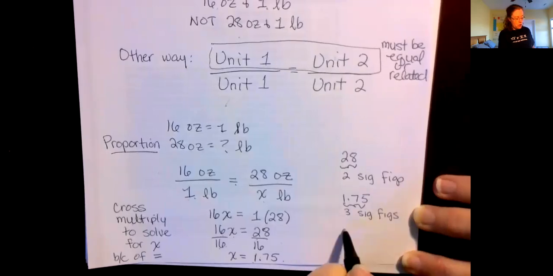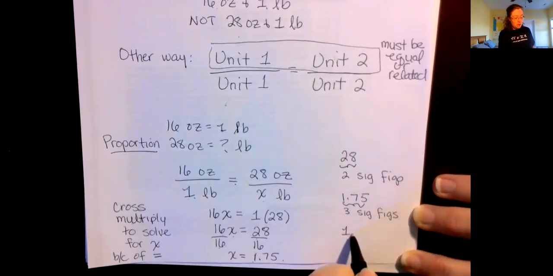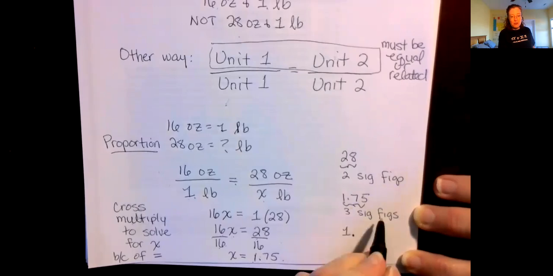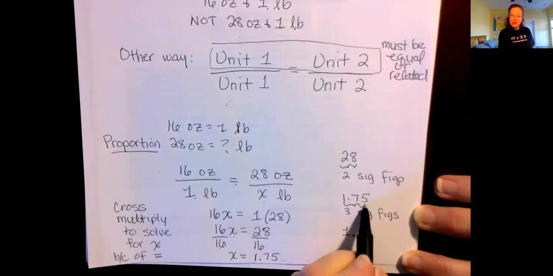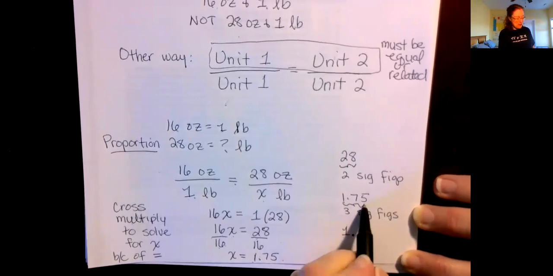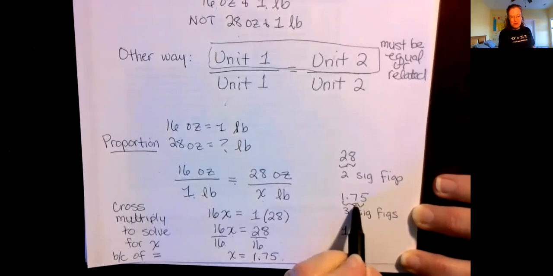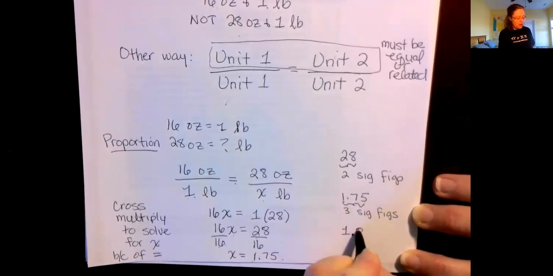So I start with the 1, keep the guy to the farthest to the left. Now the second guy, is he going to stay a 7 or round up to an 8? I look next door. He's 5 or more. So when it's 5 or more, we add 1 to the number that we want to keep. So this will become 1.8.